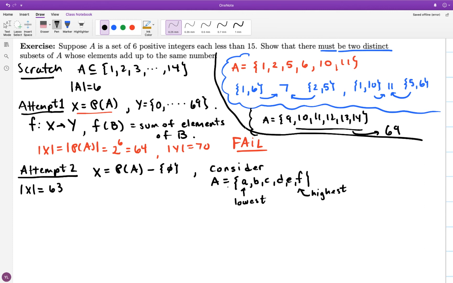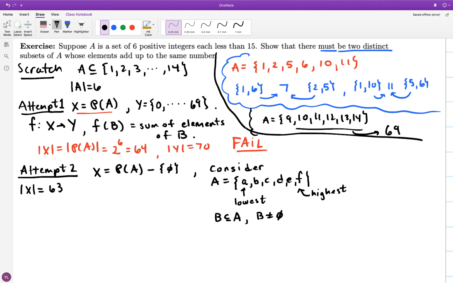And then I'm going to think about all the possible sums for subsets of A. So let's consider a subset B of A, and let's suppose that we're thinking about non-empty subsets of A for a second. So B at least has to have one of these numbers in it, right?